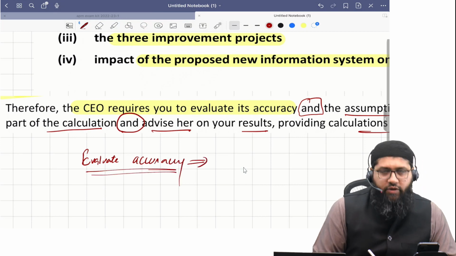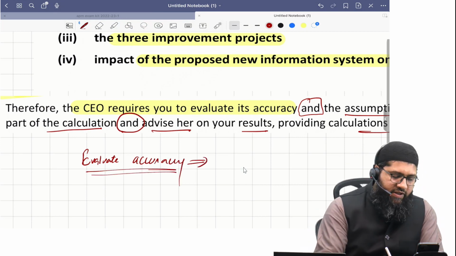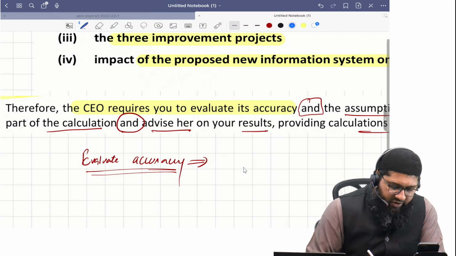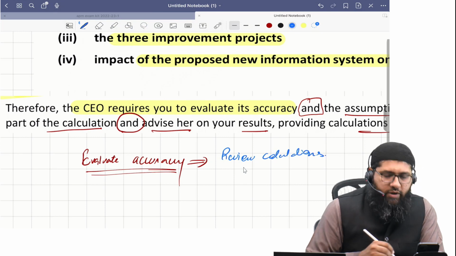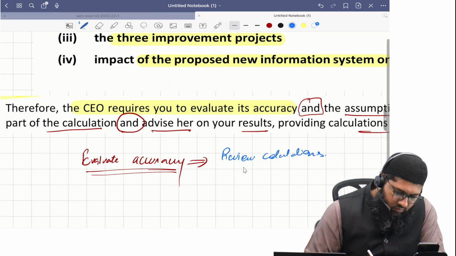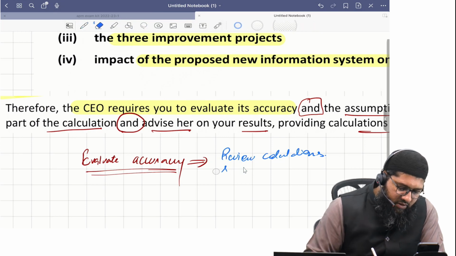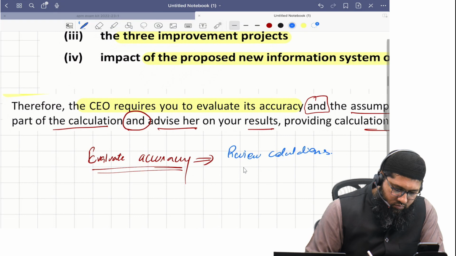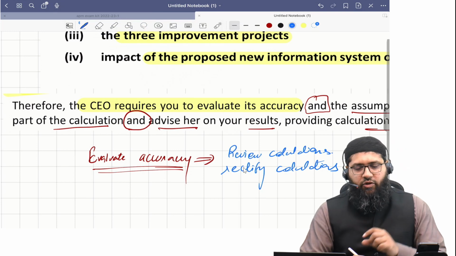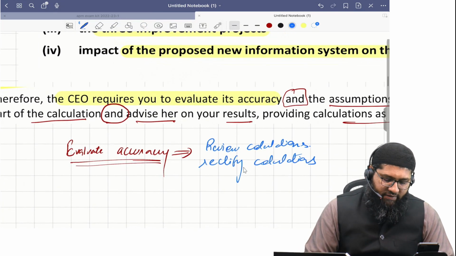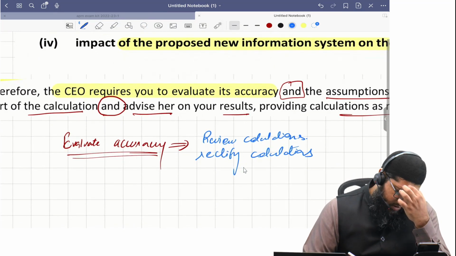What you would have to do in this specific examination question is review the calculations and rectify the calculations.